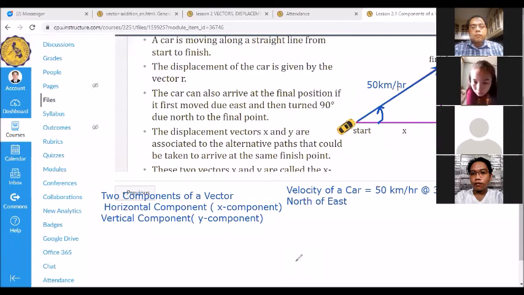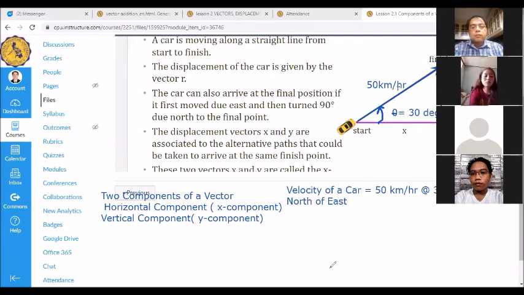So again, our angle is given to be 30 degrees. Now this time around, what we are looking for are the y and the x component.